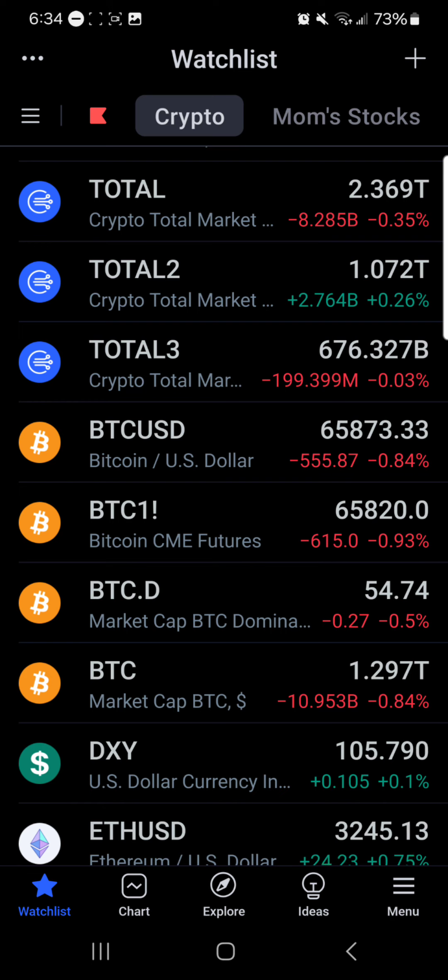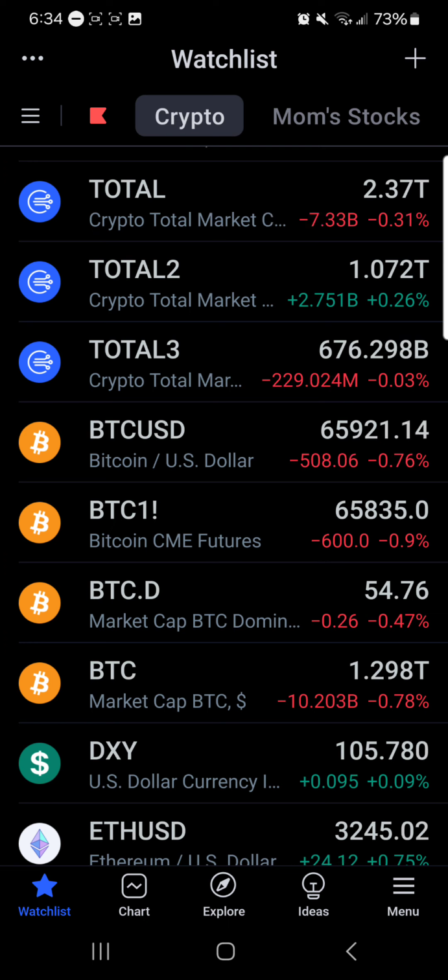The other thing I wanted to point out too here is if you look at BTC1!, that is Bitcoin CME futures, 65,820. Bitcoin's currently trading at 65,873. Futures is trading at a discount to spot. What does that tell you? It is never at a discount to spot unless we are dumping.